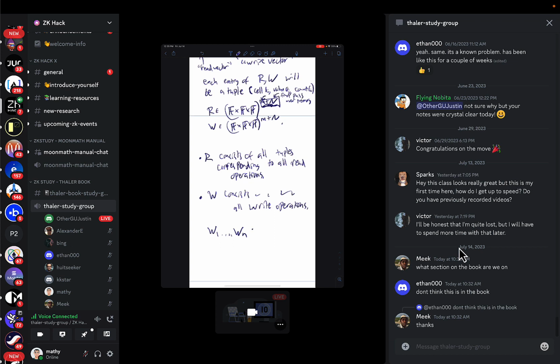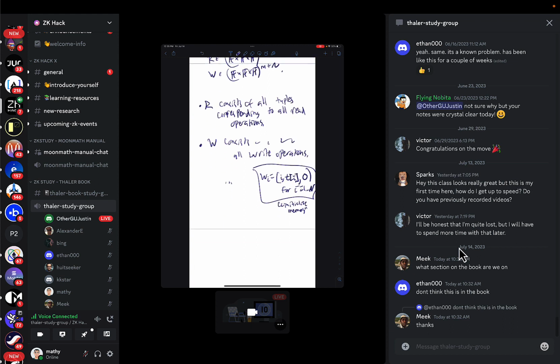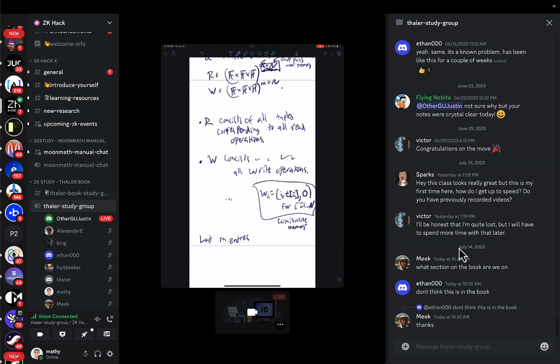So Wi will equal cell i, value T of i, and count 0, for i equals 1 to n. So the first n write operations initialize memory. And then the last m entries of W are the tuples that the verifier writes to memory.